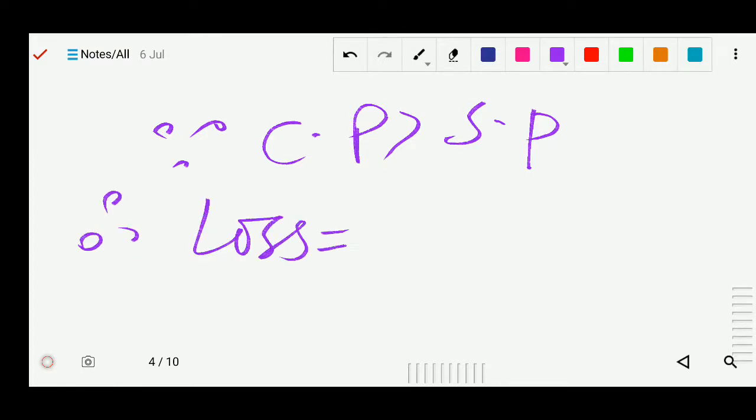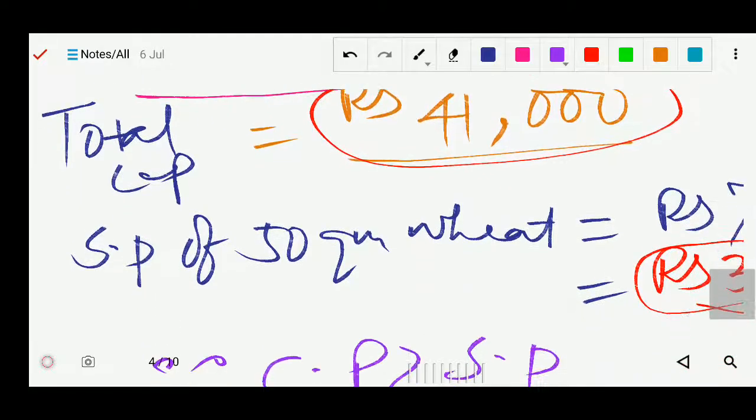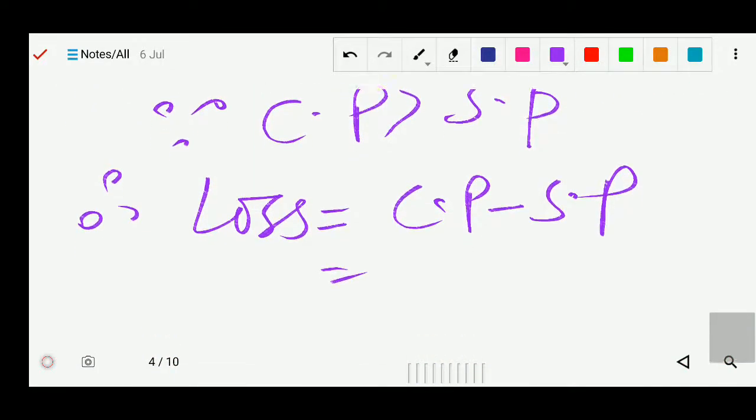Loss equals cost price minus selling price. The cost price we have is 41,000, and the selling price is 37,500.